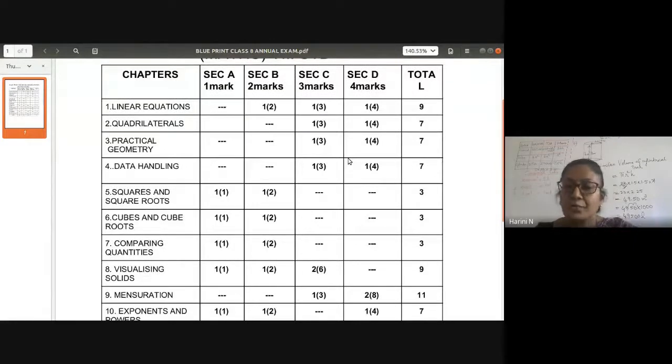I hope all of you have a copy of all this. Now try to understand what it means. Your question paper is going to contain 4 sections. Section A, Section B, Section C and Section D. Alright. Section A will contain 1 mark questions. Section B will contain 2 marks questions. Section C 3 marks and Section D 4 marks.